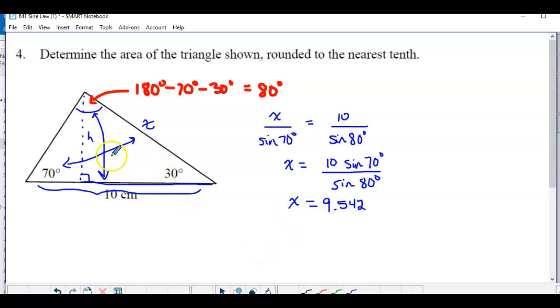Now we're going to use just regular trig because that's a 90-degree triangle in there. So sine of 30 is the height of the triangle over 9.542. I do this in separate steps.